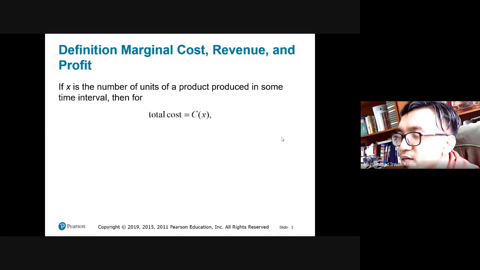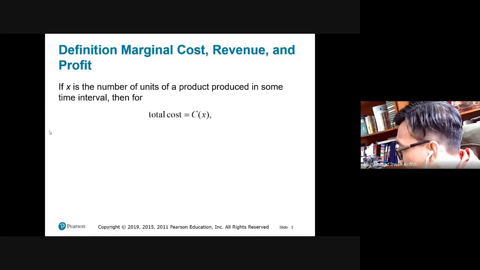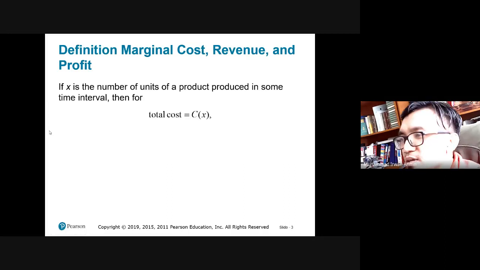We're going to look at marginal cost, marginal revenue, and marginal profit. Technically they are the same, because when we apply the concept of derivative, it will be the same concept that we are applying again and again. So let's start with the concept of cost.